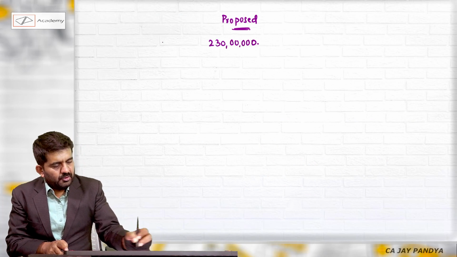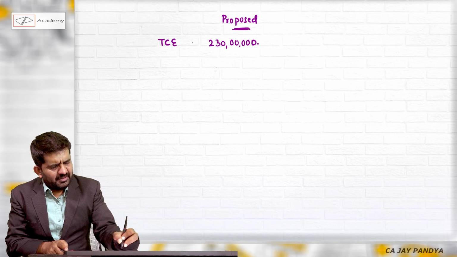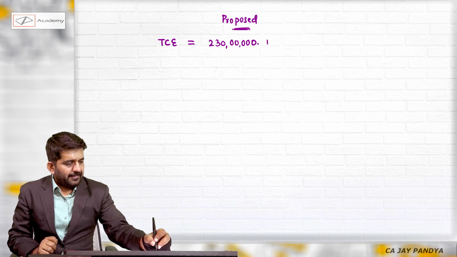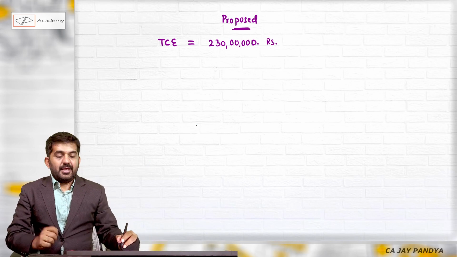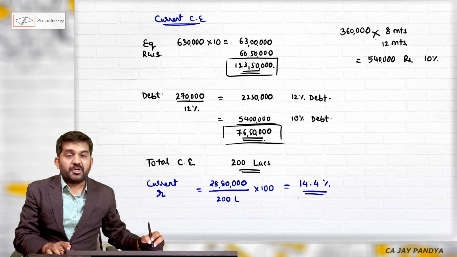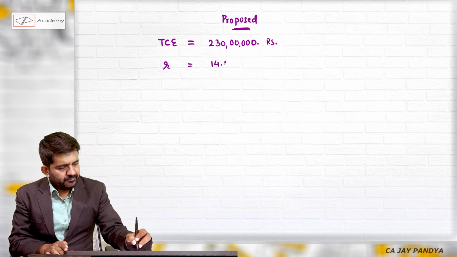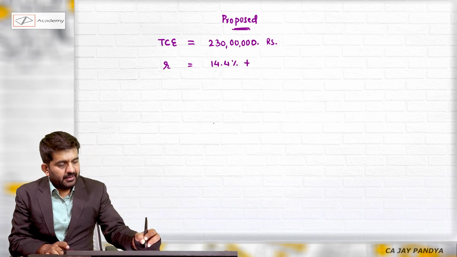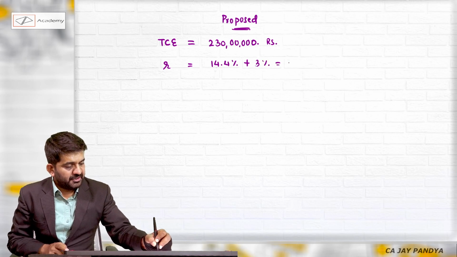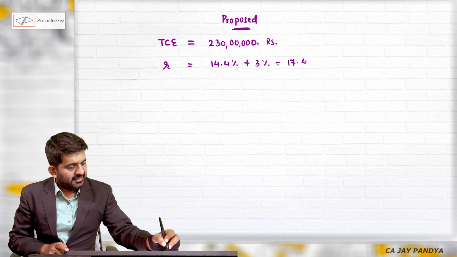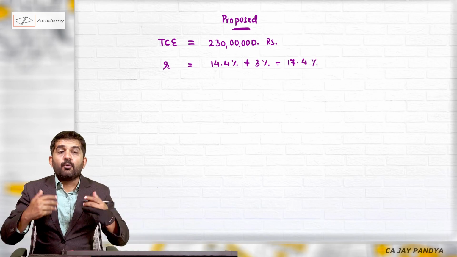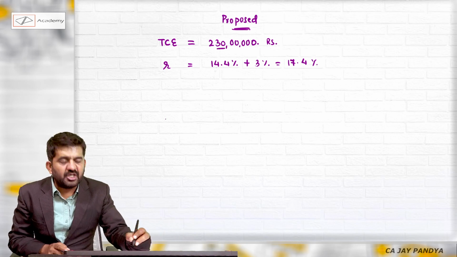Now your total capital employed will be 2 crore 30 lakhs. And what is your R? 14.4%. But it is proposed that it will increase by 3%. So now it will be 17.4%.